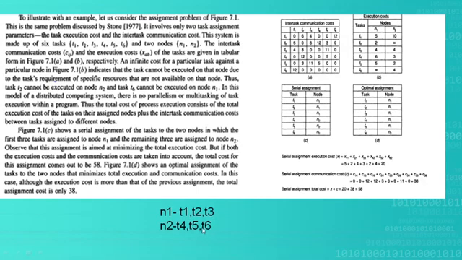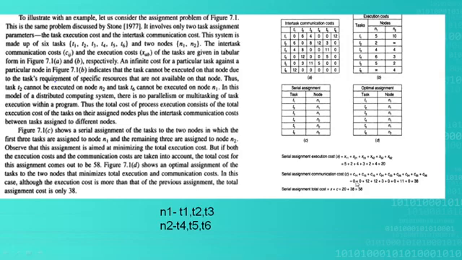Like this, we will check the communication cost. T1 to T4, the communication cost is 0, meaning these two are not cooperating processes. These two tasks run independently, so they will not communicate, and the inter-task communication will be 0.